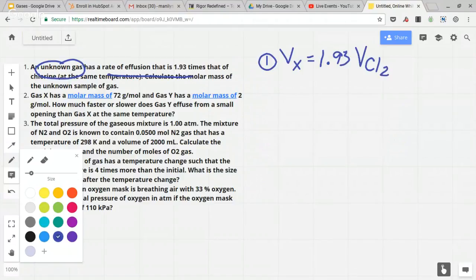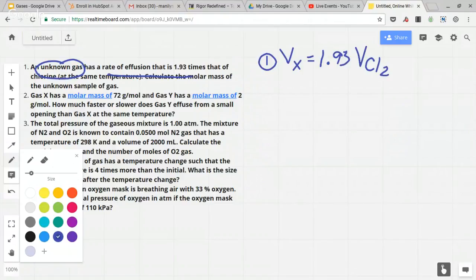Now, remember this was the technique we employed in the previous video about Graham's law. Transform the phrase, the statement, into a mathematical equation. So we know that we need to put all the V's on one side so we can put the molar mass expression on the right side, because rate of effusion is very much related to the molar mass.